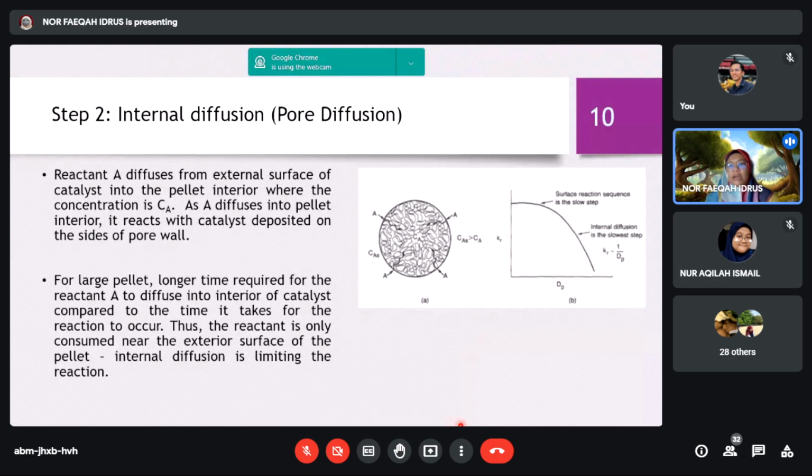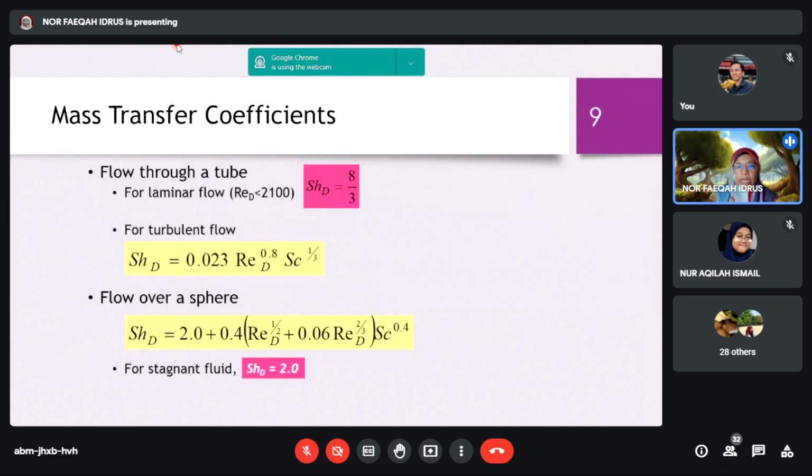Okay, then we look at, kita pergi yang ni dululah. After this kita tengok soalan yang related to the external mass transfer. Because internal diffusion ni we just look at the principle sahaja. Right, so we are done with step 1 tadi, okay, mass transfer.